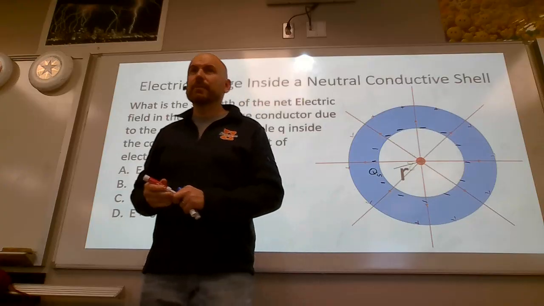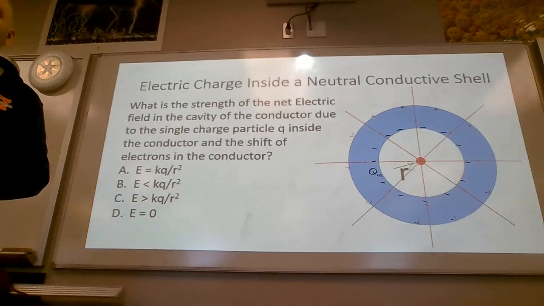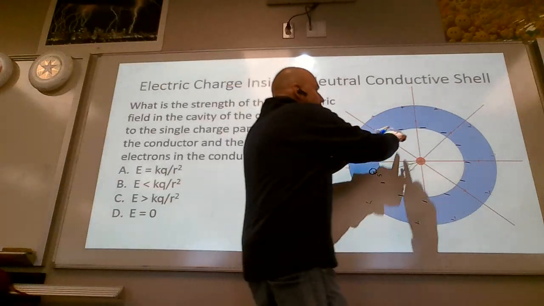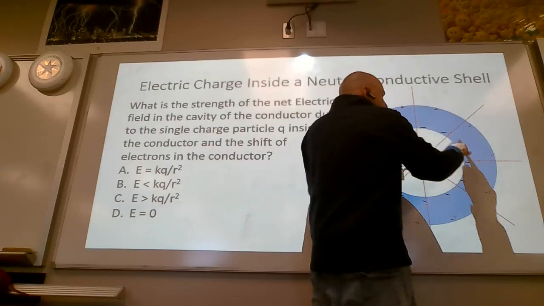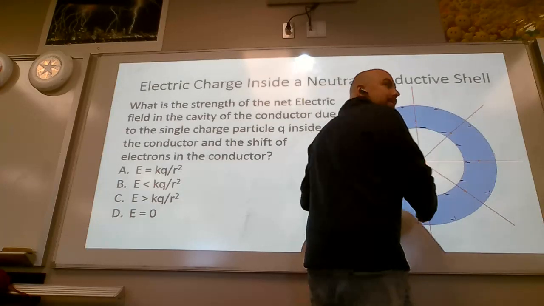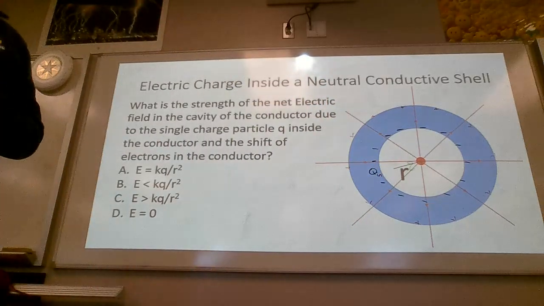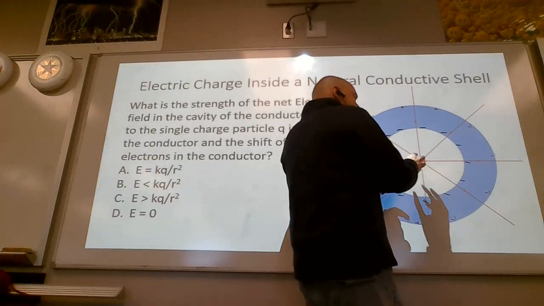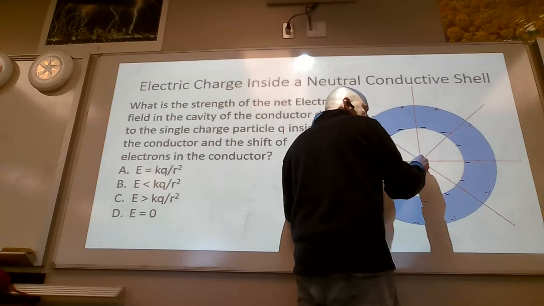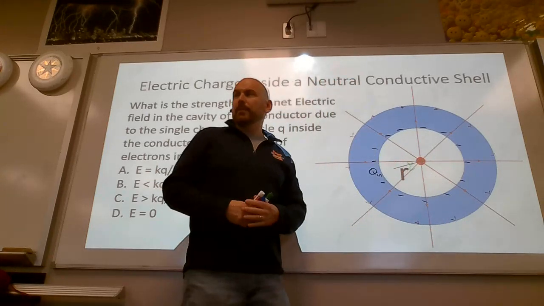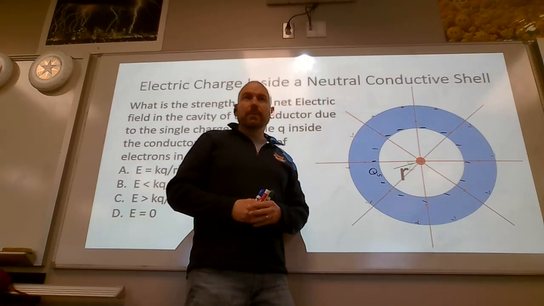Does that make sense? Okay. This is a hollow planet. The electric field from this and this are zero on the interior of that. So the only electric field that's present inside this is from this guy. You all right with that?